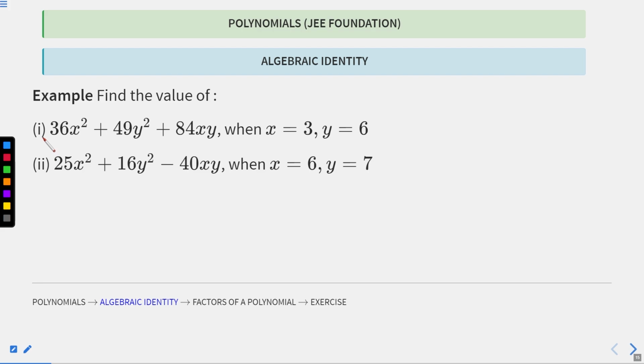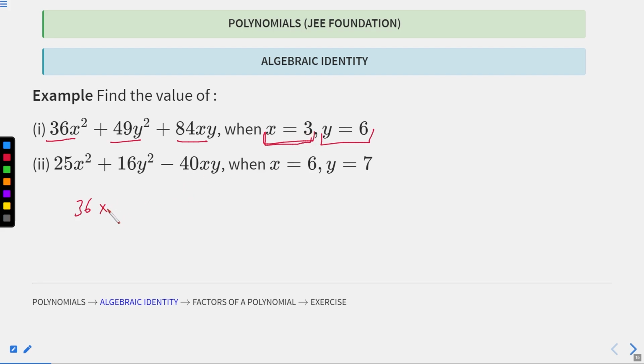The first example says find the value of 36x square plus 49y square plus 84xy when x is equal to 3 and y is equal to 6. In order to find it, you can simply solve by putting in the respective values.